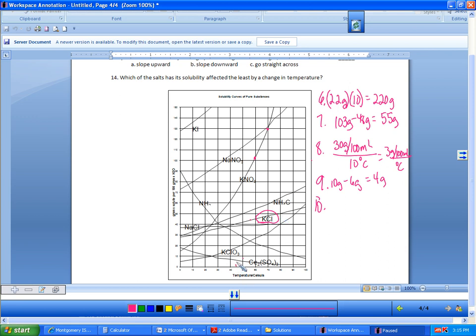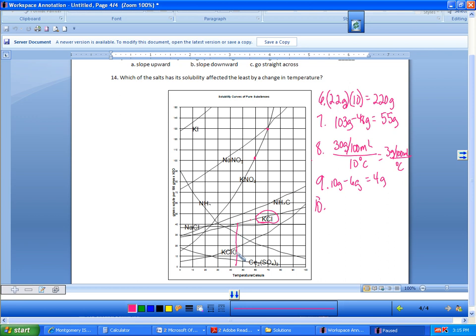So here's about 45. We know that at 45 it could hold up to 40 grams, and we had 30 grams. So how much additional KCl is needed to make the solution saturated at 80?